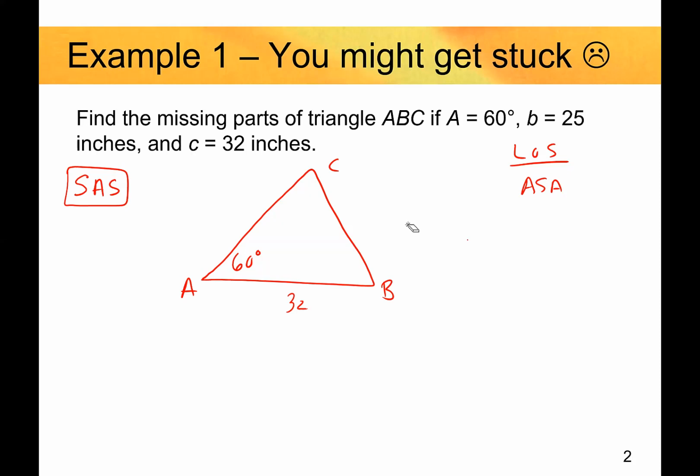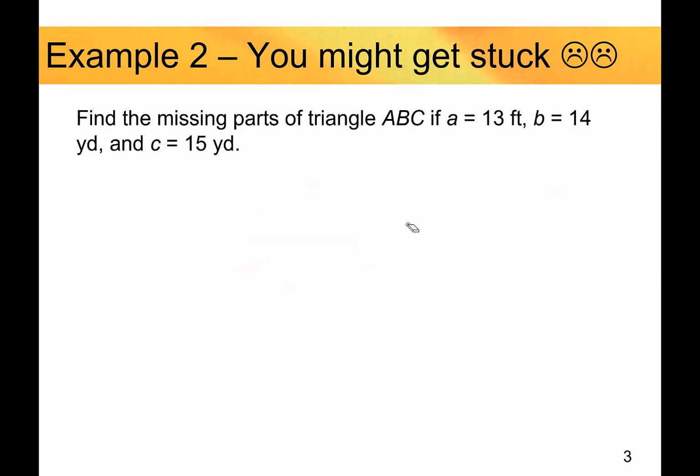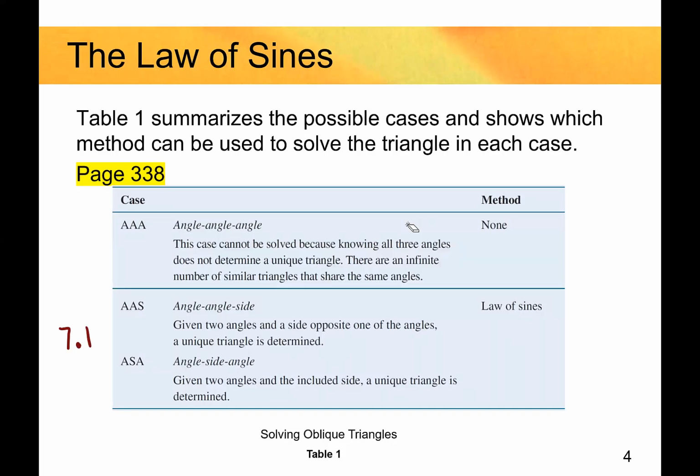In your textbook, let me skip number 2 for now. You do actually have all the different cases, so we might as well look at it. On page 338, you have a delineation of all these. If you have the angle case, none of the methods work. The law of sines and law of cosines do not work, because with angle, angle, angle there could be an infinite number of similar triangles.